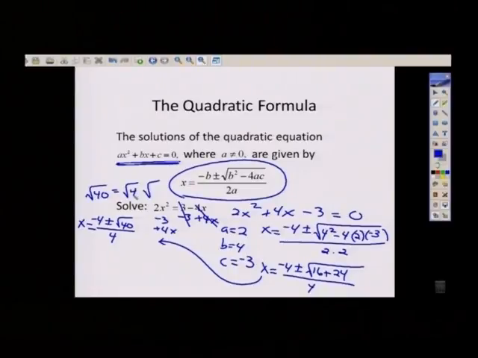And 4 is a perfect square, because it's 2 squared, and 4 goes into 40 10 times. And the reason we do this is because then we can simplify the perfect square, and I have x is equal to -4 plus or minus the square root of 40 became 2 square root of 10 all over 4.